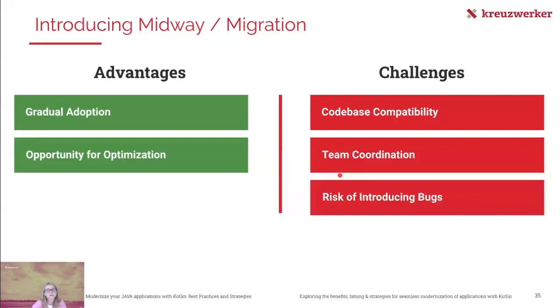Lastly, the process of migration can introduce new bugs to the application. The risk arises due to differences in language syntax, semantics, and behaviors that exist between Java and Kotlin. And it's important to be mindful of these variations to minimize potential issues during the migration process.